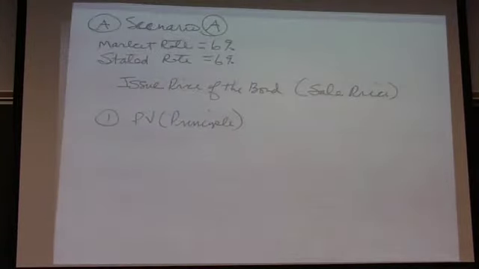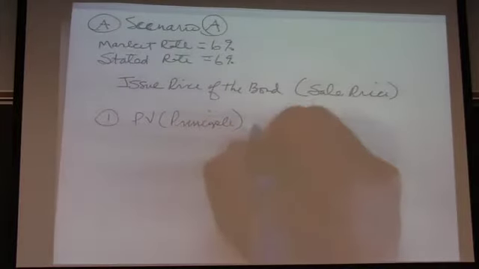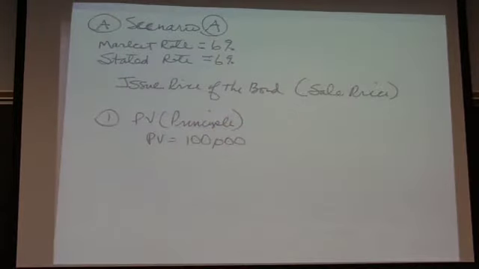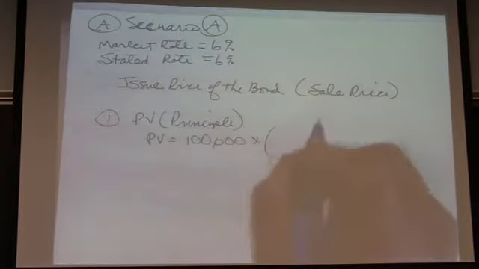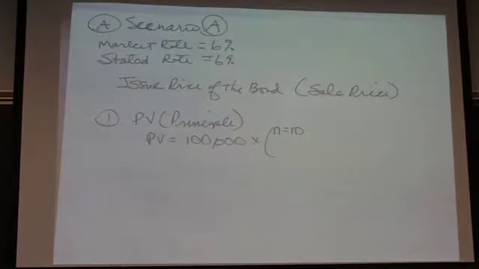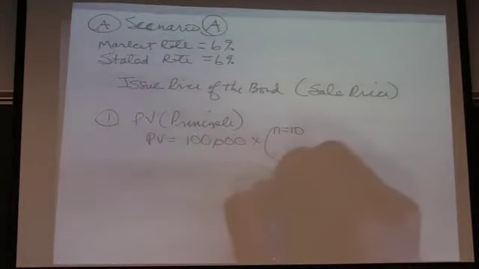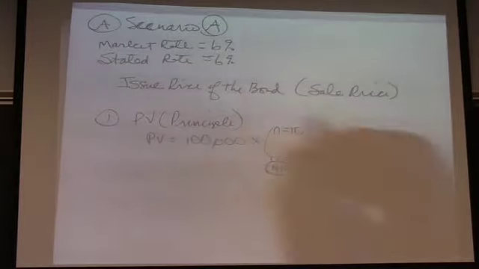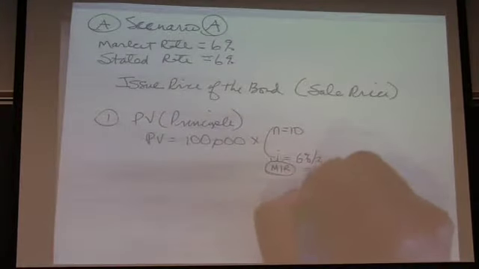So the principal is 100,000, and the lender is not going to receive the 100,000 until 5 years from now. But because the bond compounds twice a year, we're going to look for the period n equals 10, which is essentially 5 years times 2, but the interest rate, which is always market, you always discount everything at market, and that is at 6% divided by 2, so it's 3%.